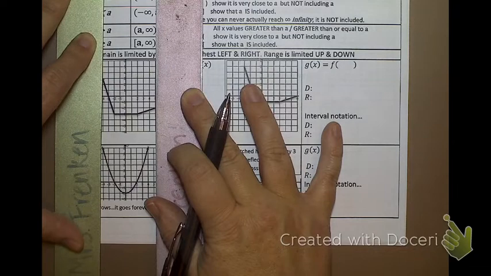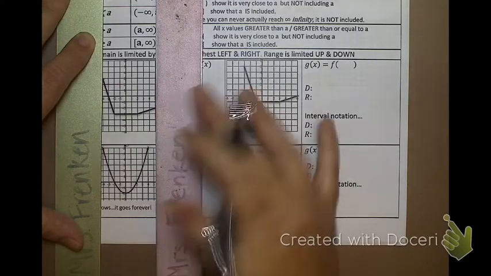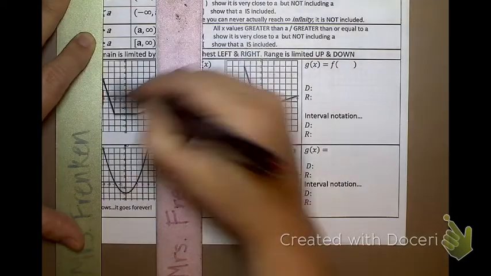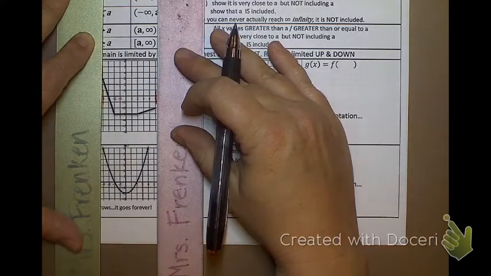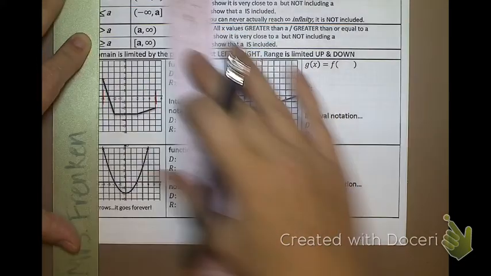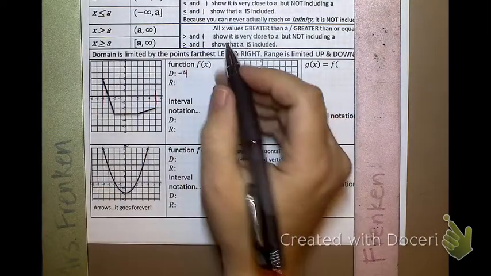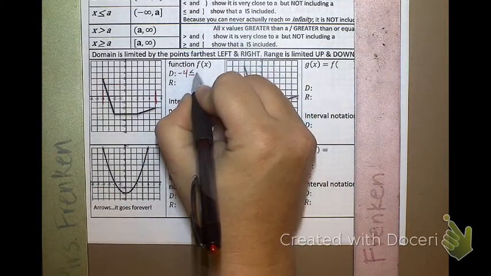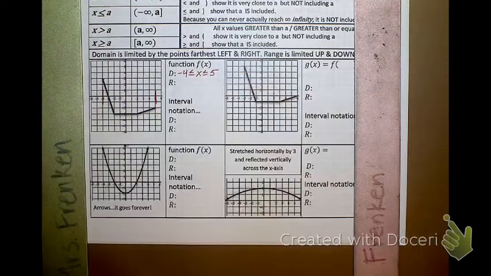That is the smallest I could make it left to right and still be able to see my entire graph. Yes? So that means it goes from -4 up to 5. That's my domain. So -4 is the smallest number. We always write smallest first. So -4 is less than or equal to x, which is less than or equal to 5. That's how I'd write my domain.